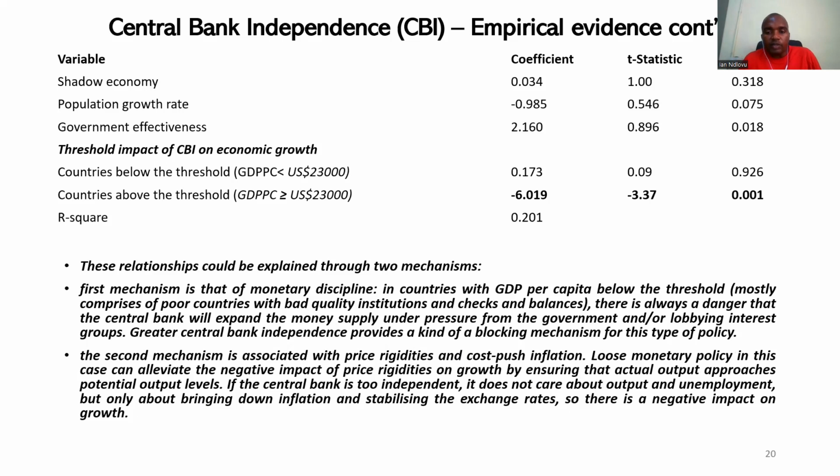If the central bank is too independent, it does not care about output and employment, but only about bringing inflation down and stabilizing the exchange rate. And so there is a negative impact on growth. And there are a number of theories that you can think of to explain these two mechanisms.